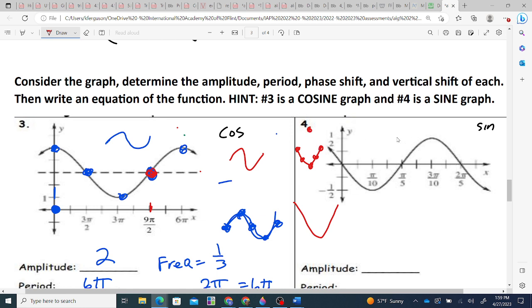So it moved over, it moved way over actually. That's where it would start, because that's the high point. It starts at the high point, hits 0, hits the low point, goes back to 0, then the high point. So that's where it would start.